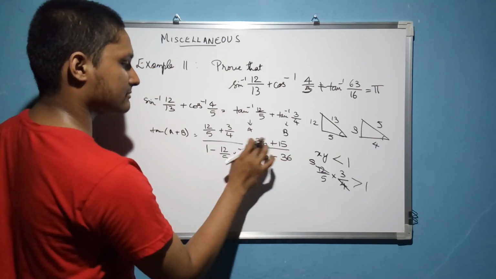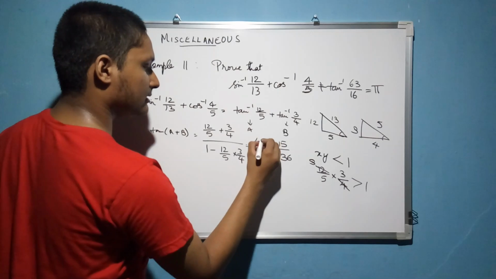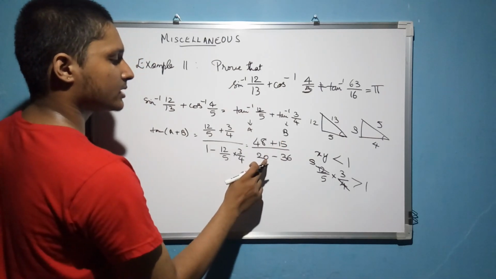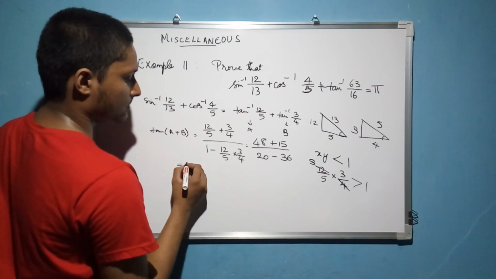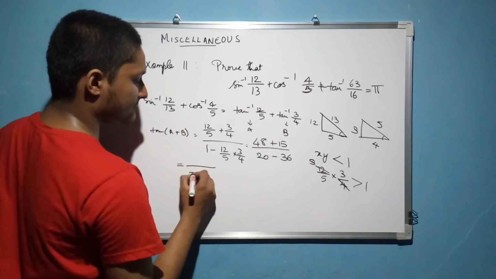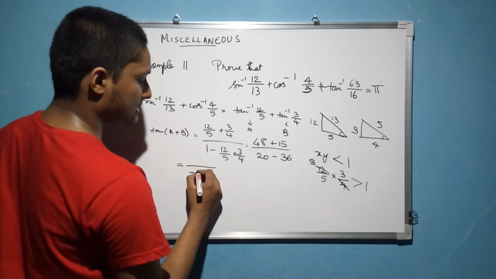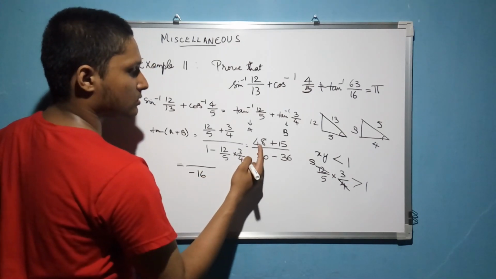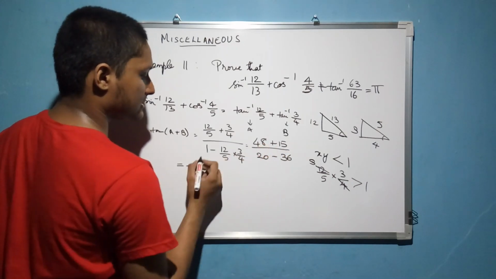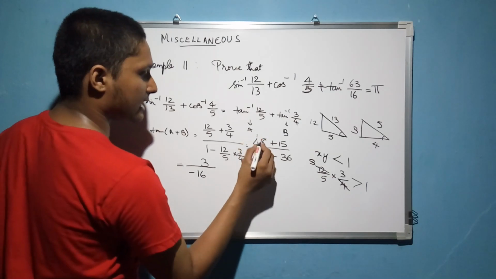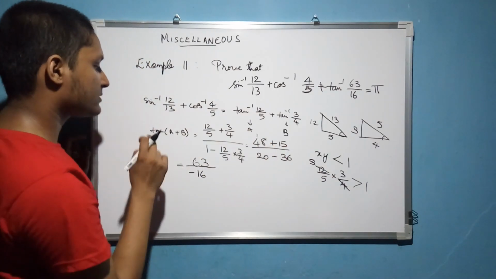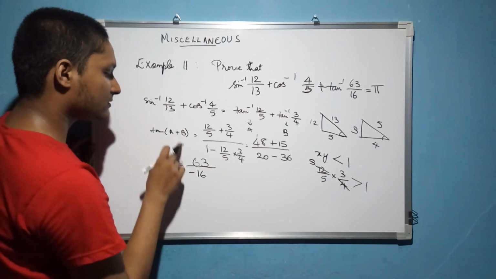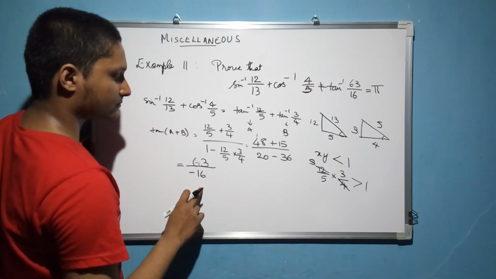Okay, this was not 36, this was 48. 48 plus 15 divided by 20 minus 36. What you are going to get here is a negative sign. 20 minus 36 comes to be minus 16. So 8 plus 5 is 13, and 48 plus 15 is 63. So 63 divided by 16. So you can understand that tan of something is negative.